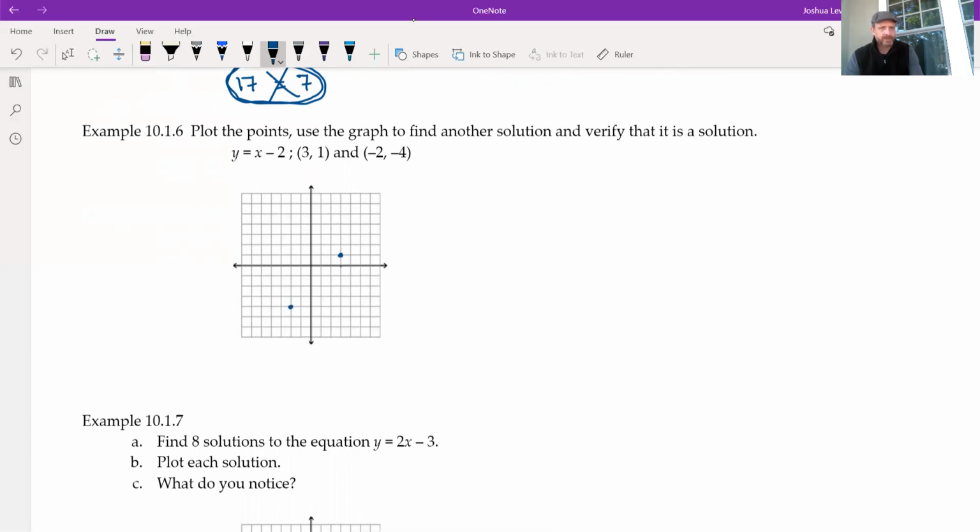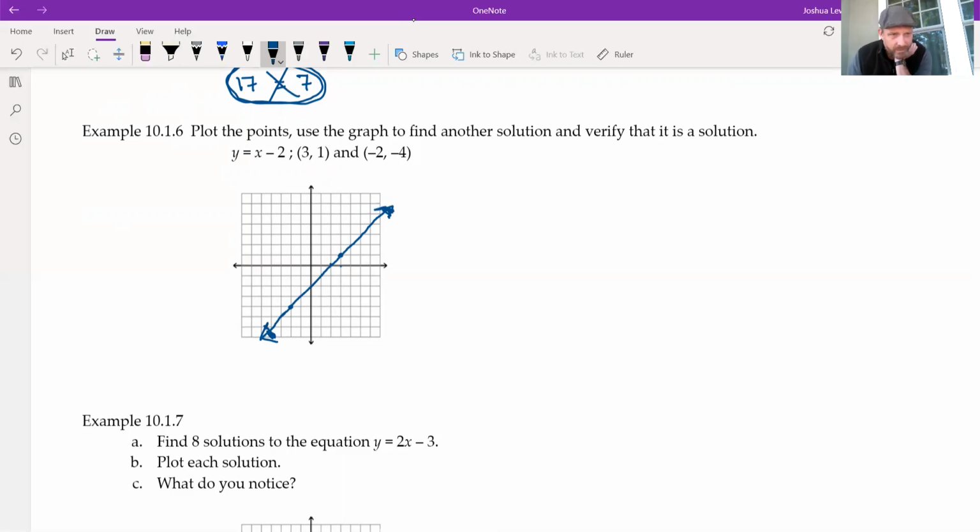Now, I can graph a line through these 2 points, right? And so if I do that, I'm going to be very careful about this. And we're going to go this way too. All right. Not bad for freehanding on a computer.